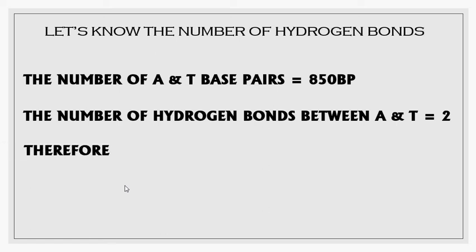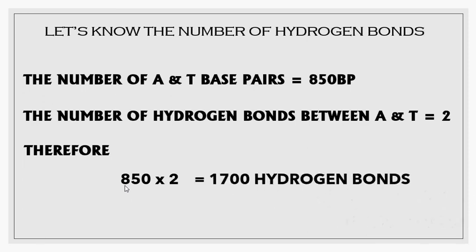Therefore, 850 base pairs into 2 hydrogen bonds is equal to 1700 hydrogen bonds.